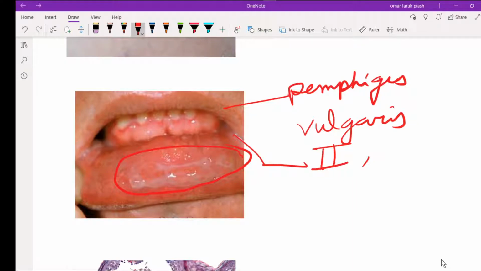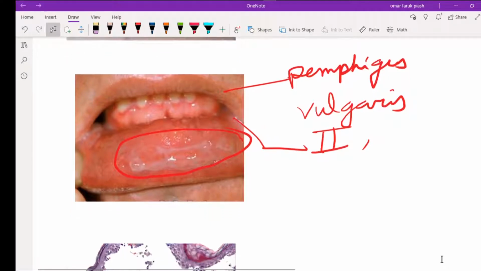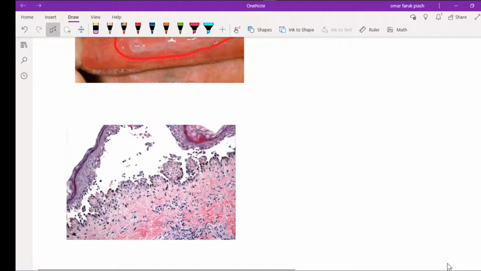The thing that you have to remember is acantholysis, that means separation of the stratum spinosum. This is dermis, this is epidermis, and the stratum spinosum is separated.